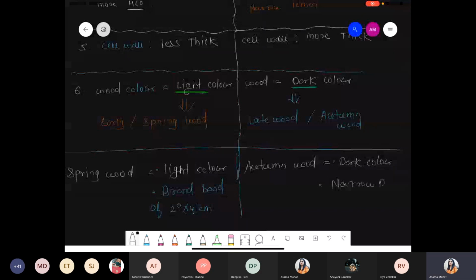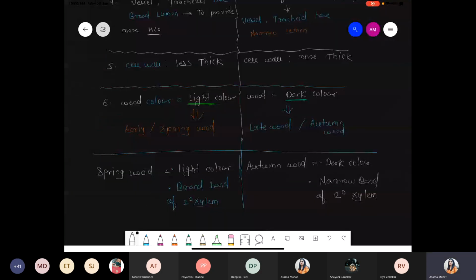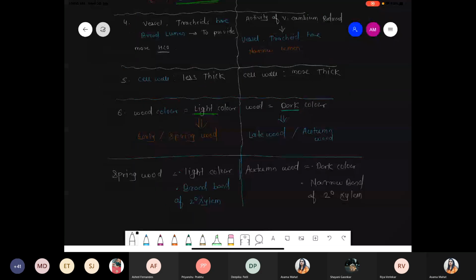Why are we talking about the narrow band? Because the activity of the vascular cambium gets reduced, and if activity gets reduced, ultimately they form a narrow band. Clear this part? Clear? So any doubt from the spring wood and the autumn wood?